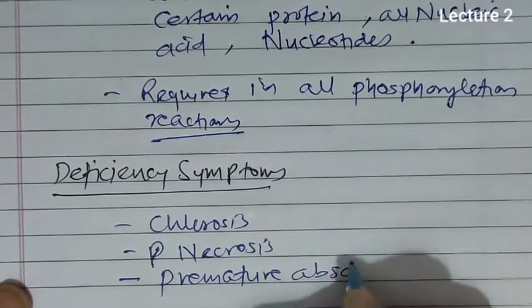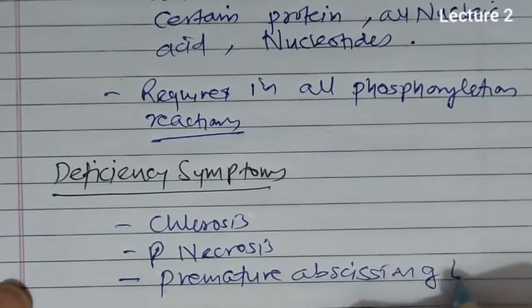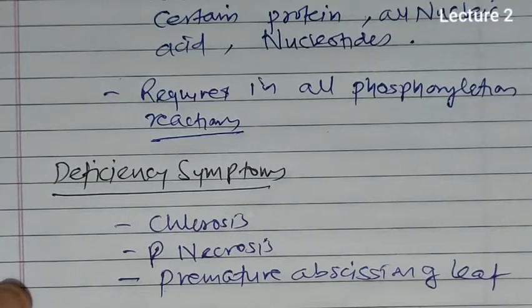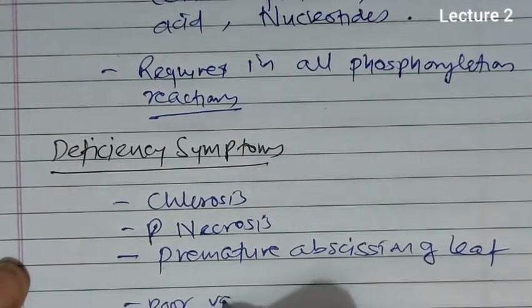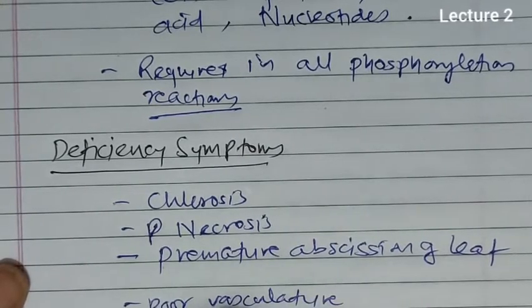Abscission means fall of leaf. Also poor vasculature, and cambium activity is checked.